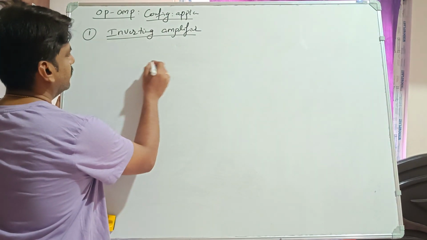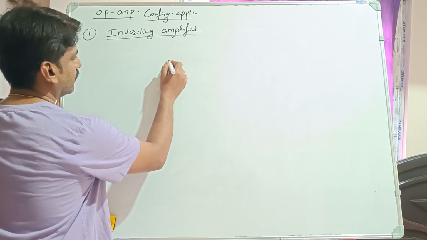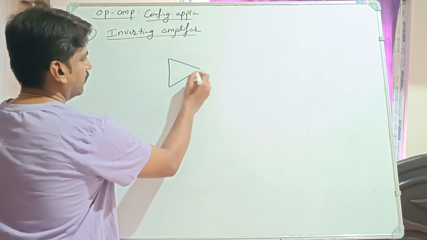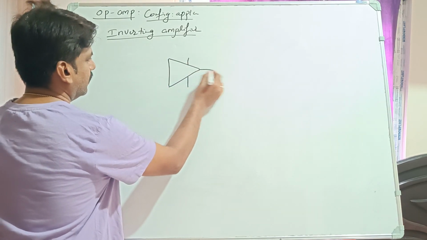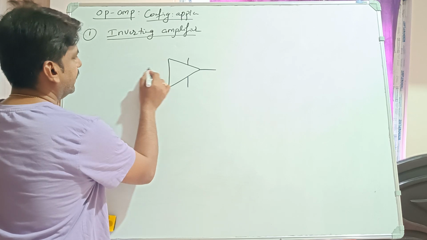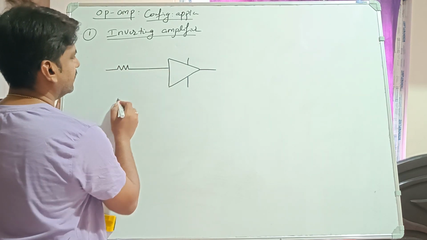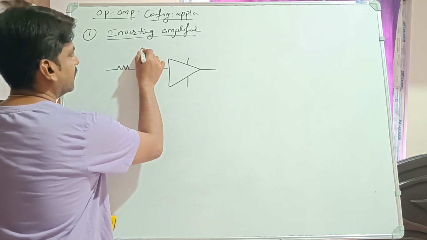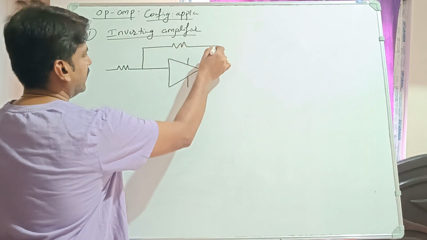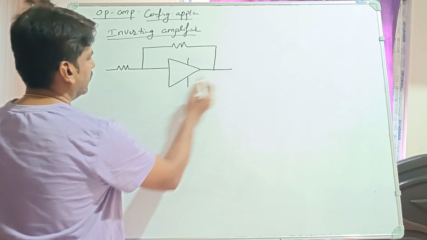So we should draw the circuit diagram of how the inverting amplifier looks. So take the op-amp, right? Here I will have 5 terminals. So for this terminal, I will take one resistance and connect it. So here we will consider a feedback resistance and connect it, right?